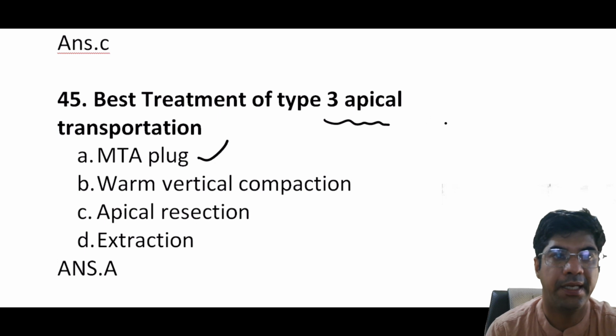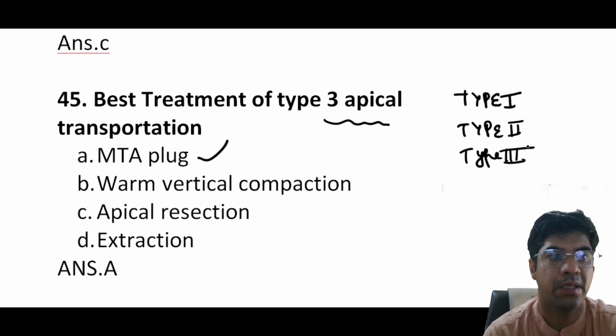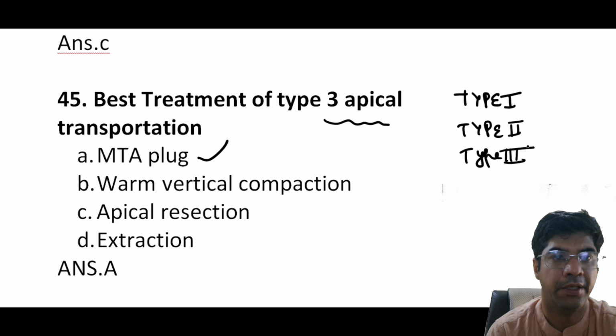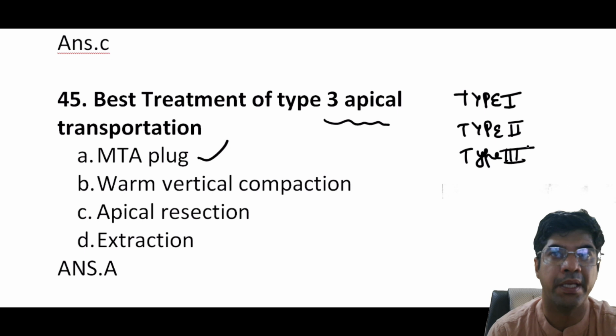So there are three types of apical transposition: type 1, type 2 and type 3. In type 1 there is minor movement of the physiological foramen, and in type 2 there is moderate movement of the physiological foramen that results in heterogenic relocation and potential communication with the periapical space.